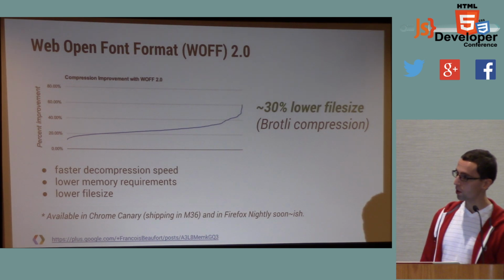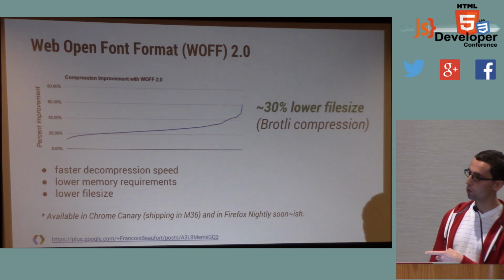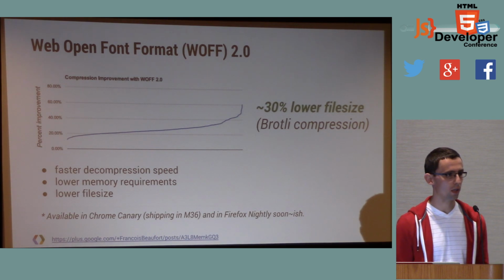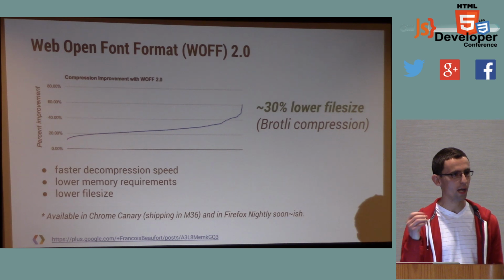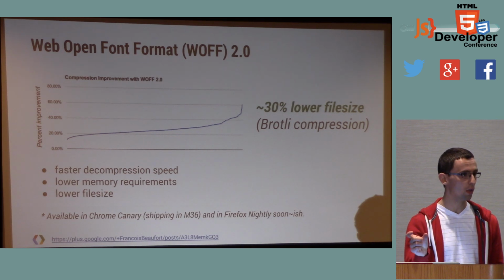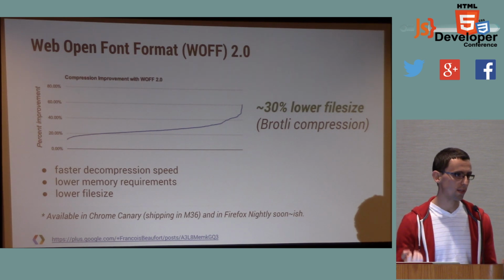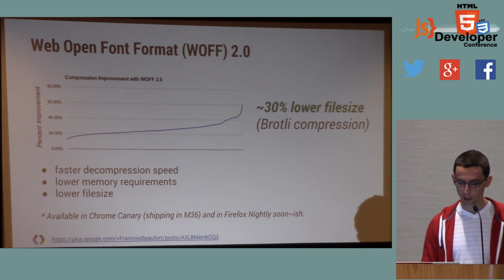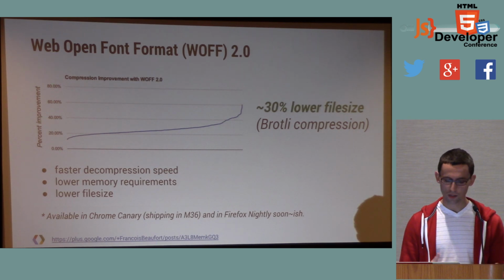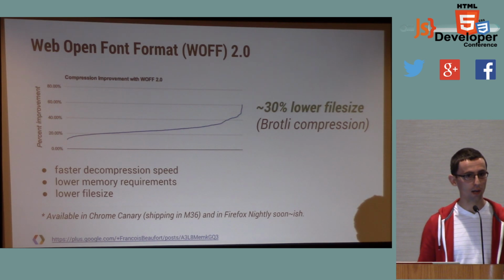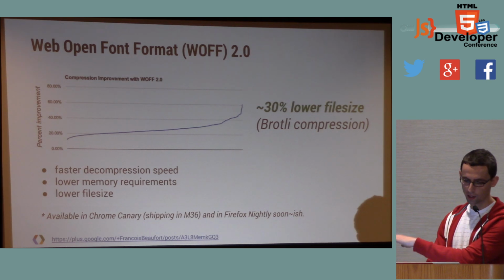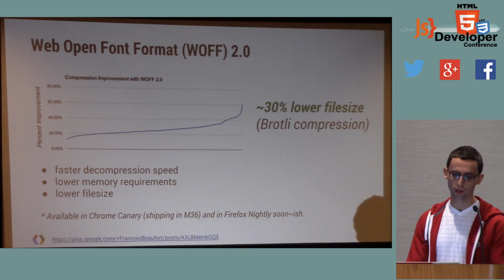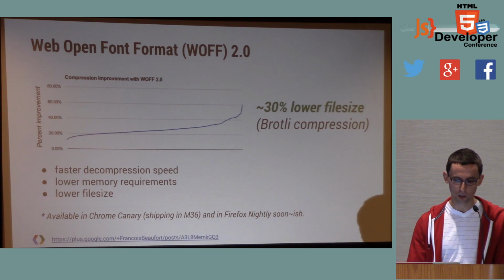So we have support in Chrome 36, which means that if you open up Canary now and browse to Google Web Fonts, if you look at your network waterfall, you will actually see the content type WOFF2. We're actually testing that right now. So it is available now, and you can run it. And as far as I can tell, Firefox Nightly should have WOFF2 support soon as well. So I think this is just a hands-down win for every browser, so I expect that others will pick it up pretty quickly.